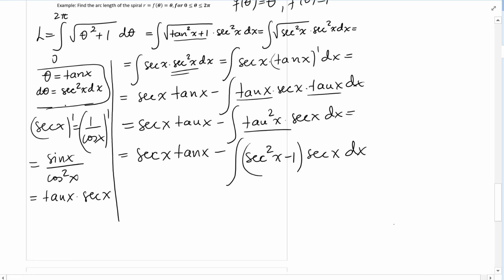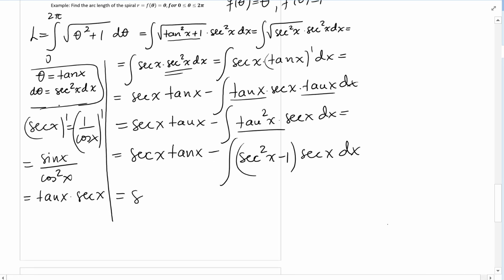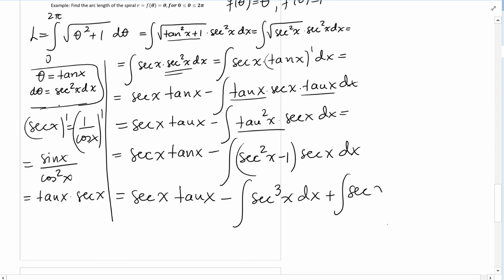So this equals secant of x tangent of x minus the integral of secant cubed of x dx plus the integral of secant of x dx. Let's not forget we started here with the integral of secant cubed of x, and we ended up having the integral of secant cubed of x as well.